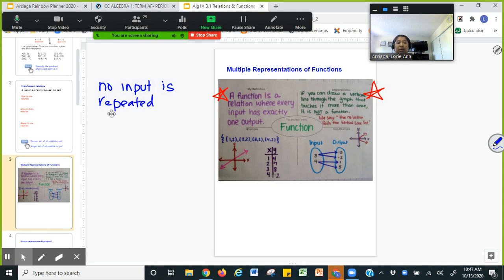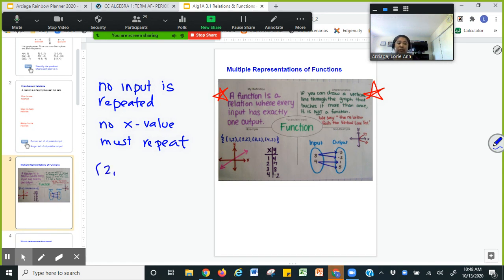Okay, so what do I mean by that? No x value must show twice as an x value. So no x value must repeat. Okay, it doesn't mean it cannot be repeated as an output. Okay, but it cannot repeat as an input. What do I mean by that?